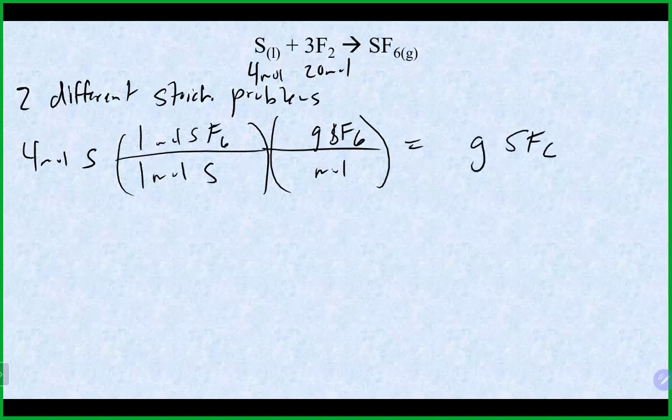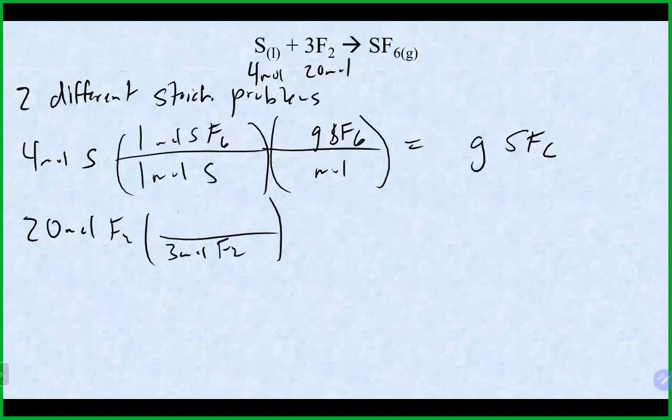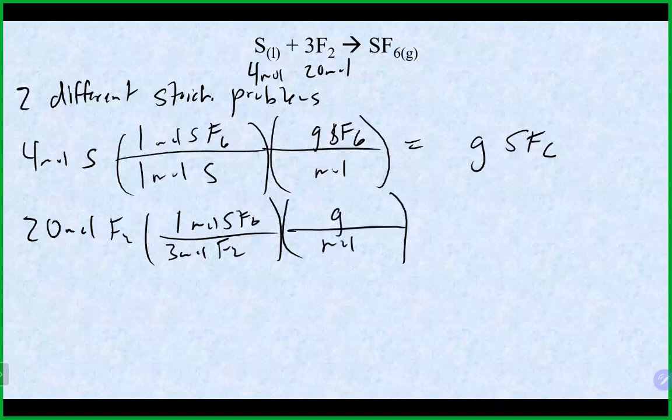Then you would do a second calculation with the other reactant, which would be 20 moles of F2. It'd be 3 moles of F2 to 1 mole of SF6, and you use the molar mass of SF6 here, giving grams of SF6.